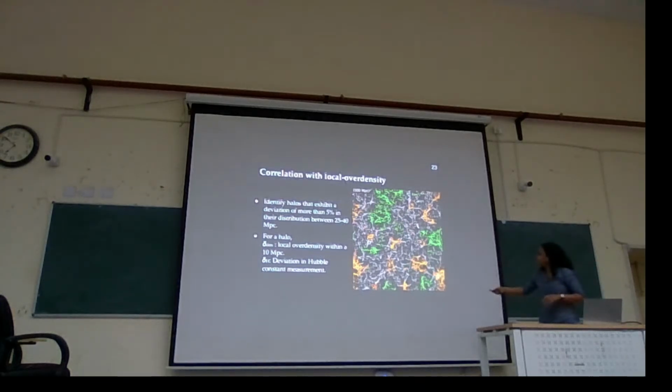On the other hand, the red ones are inside the clustered structures. So already this suggests your H naught is going to get biased depending on whether you reside in an underdense region or an overdense region. So that is the kind of solution we tried to put forward for the Hubble tension, but this exercise can accommodate only up to 5% of the Hubble tension. The total Hubble tension is around 9 to 10%.